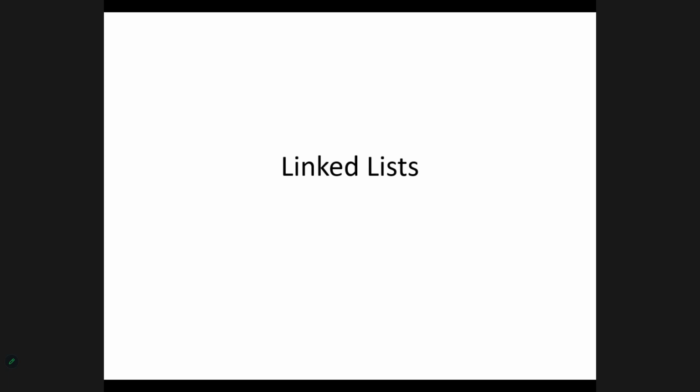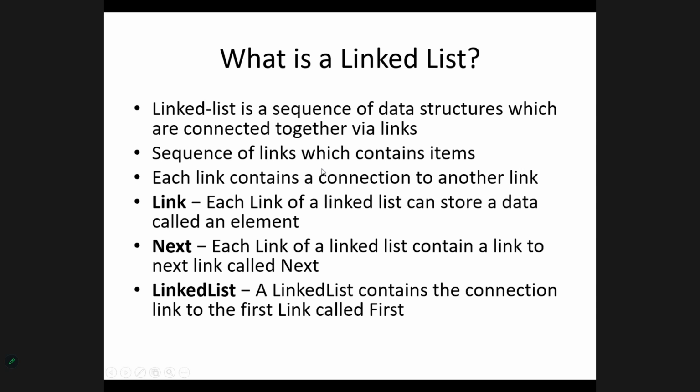Last time we started linked list and went through some of it. Today I will continue with linked list, and I will start some other data structures as well. Last time we discussed how a linked list looks and how to implement it. A linked list is a sequence of data structures which are connected together via links.